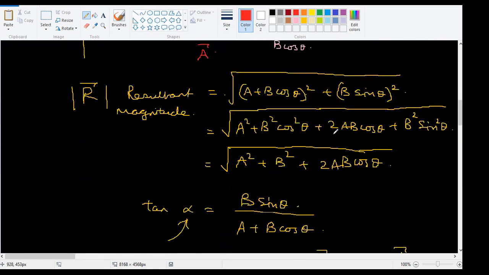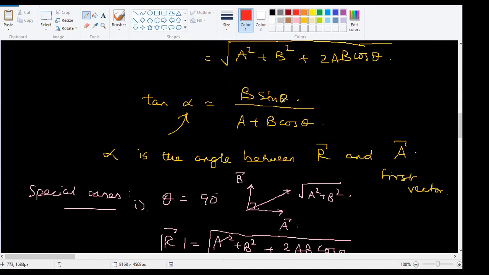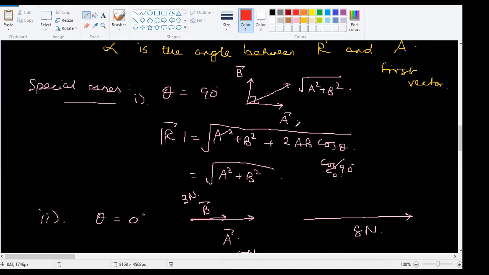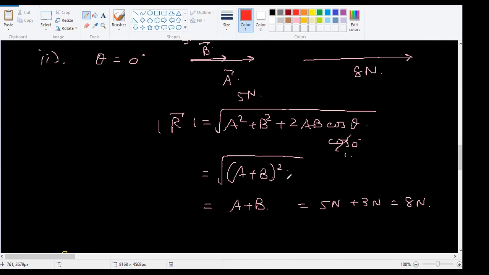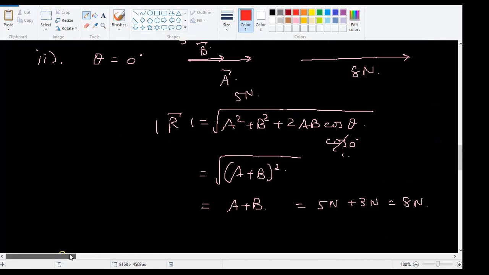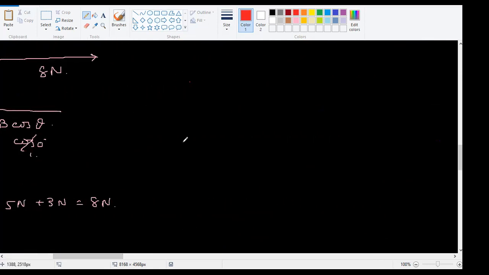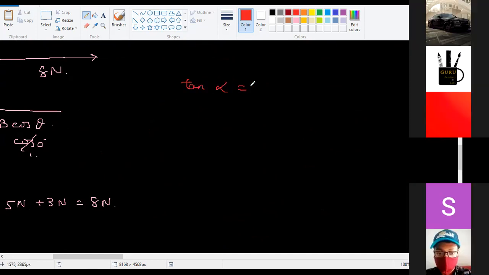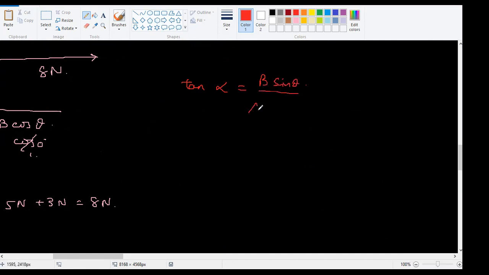So coming back to this, I told you tan alpha is equal to b sin theta by a plus b cos theta. So in the first case, tan alpha is equal to b sin theta divided by a plus b cos theta. And what did I say? Theta is 90 degree.